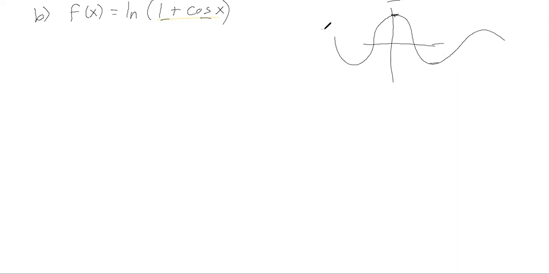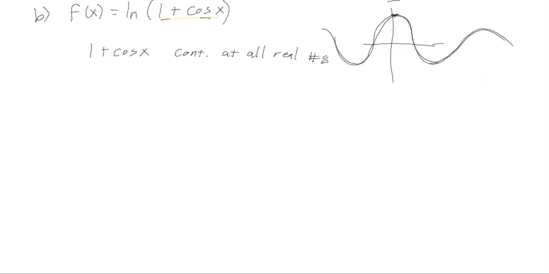So actually, that's going to be continuous everywhere. There are no breaks, skips, or jumps in the graph, and it actually meets the three conditions of continuity. So I could say that 1 plus cosine of x is continuous at all real numbers. That takes care of the inside.